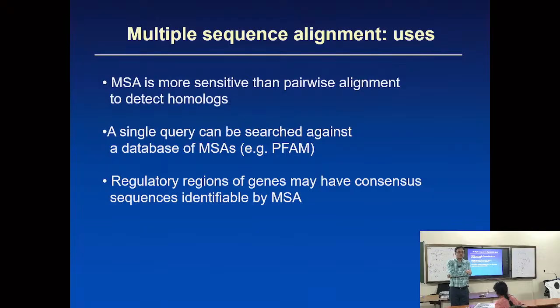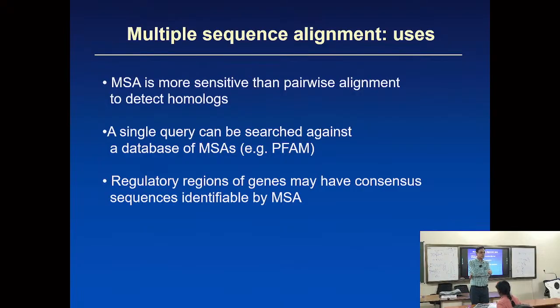Then you begin with a query sequence and BLAST against a database of position specific scoring matrices, which are models representing different families. The model that best matches or fits the query sequence is the one that the query sequence belongs to.